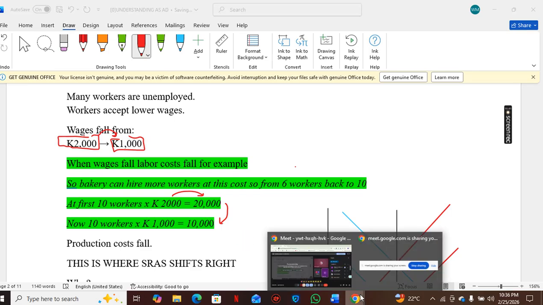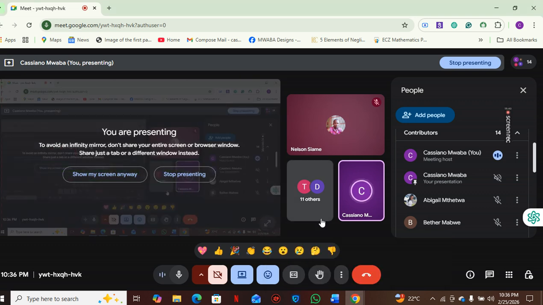So when wages fall, this can even give you room to bring in unemployed workers also. Remember, we said we dropped our workers when the recession hit. We had 10, then we laid off 4, so we remained with 6. Now wages have dropped, they have halved.